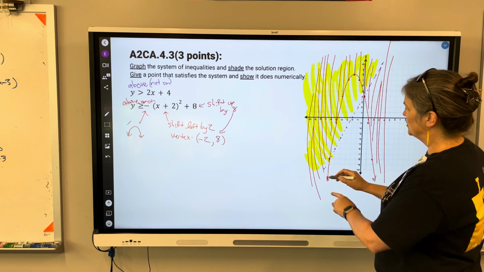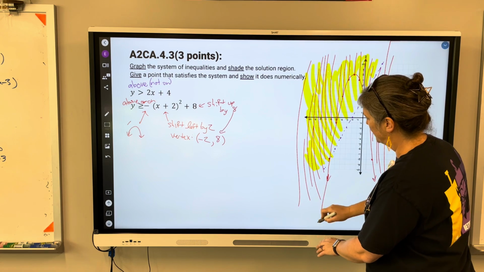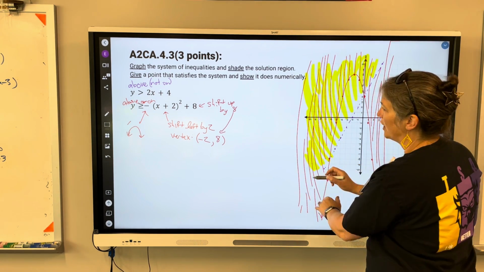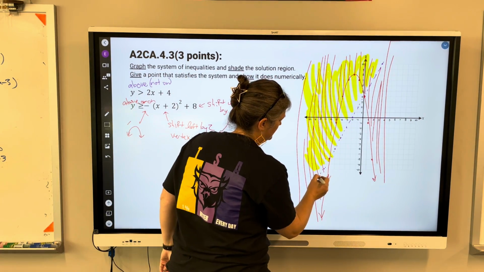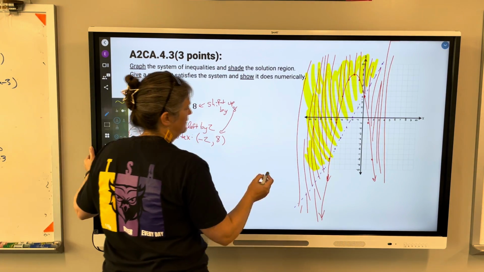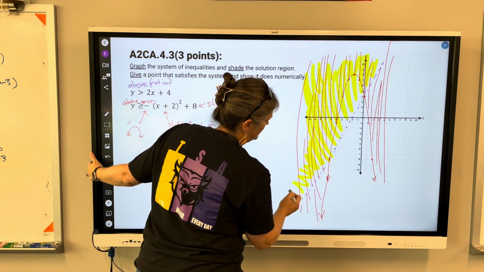So this continues to shade down and out as the parabola grows, right? But once I cross this line, I don't much care. Because this keeps going here, right?